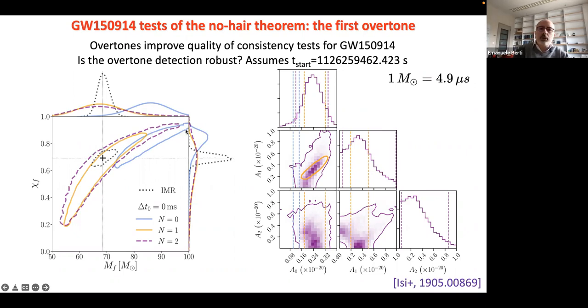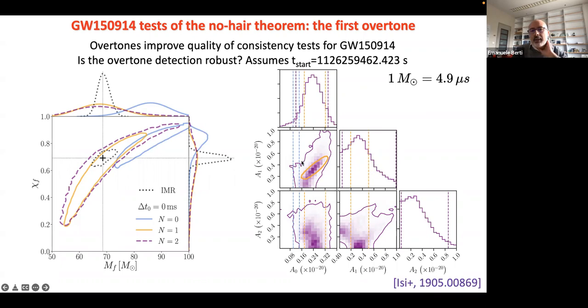This is the value that you will get with only the fundamental mode. But if we add overtones, 1 or 2 of them, we now get a 90% confidence interval on the mass and the spin that is more consistent with the prediction from full numerical relativity. This is just what we would expect, okay? And then they say, this means that we have observed the overtone and we are doing a numerical relativity test.